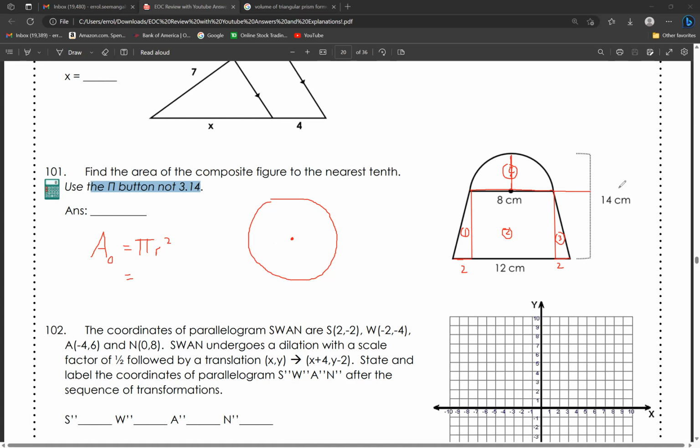Oh, the radius is 4, right? The whole thing is 8, so this is 4 and this is 4. So the radius is 4.